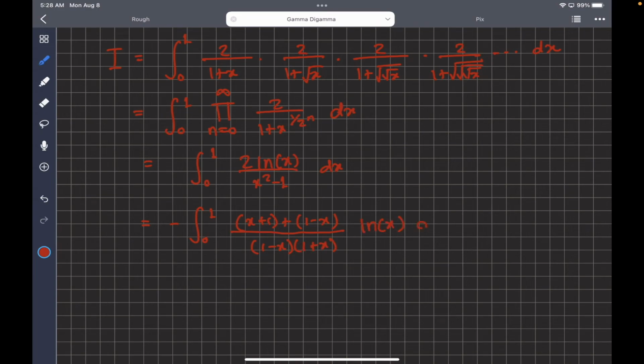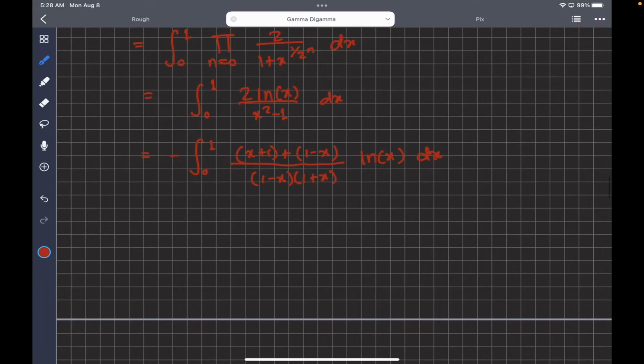Why is this form important of decomposing? Because of partial fraction decomposition on two terms that this will generate out of factorization for their denominator. Minus integral from 0 to 1 natural log of x over 1 plus x dx.